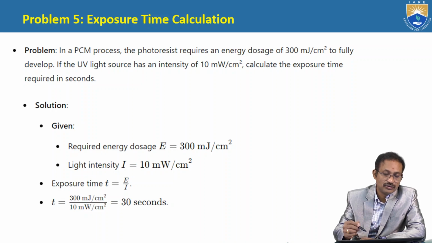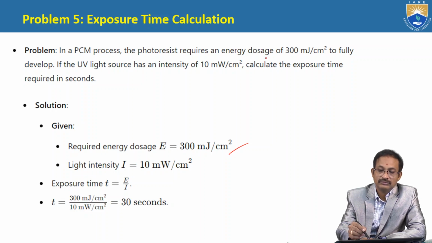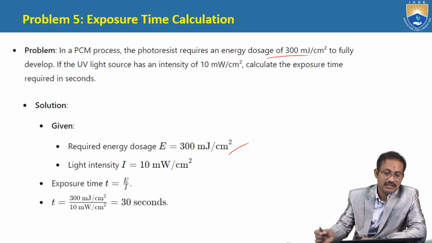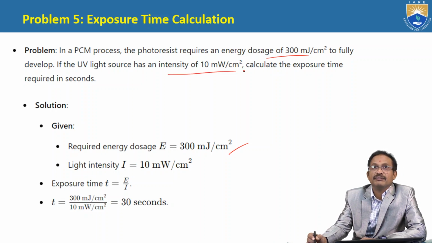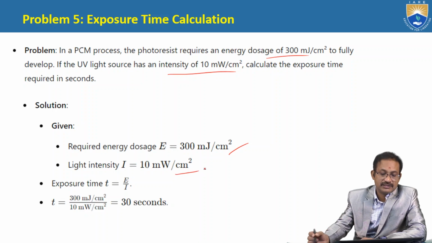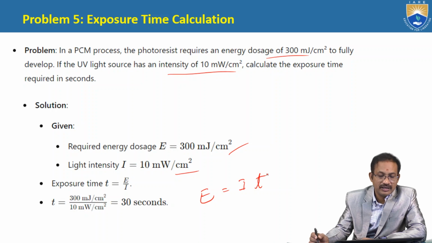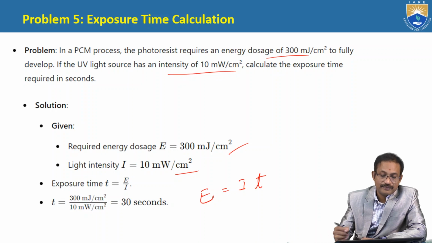So here the required energy dosage is 300 millijoules per centimeter square, and the light intensity is given, that is 10 milliwatts per centimeter square. Basically we have the formula E equal to I T, where E is the energy dosage, I is the light intensity, and T is the exposure time.